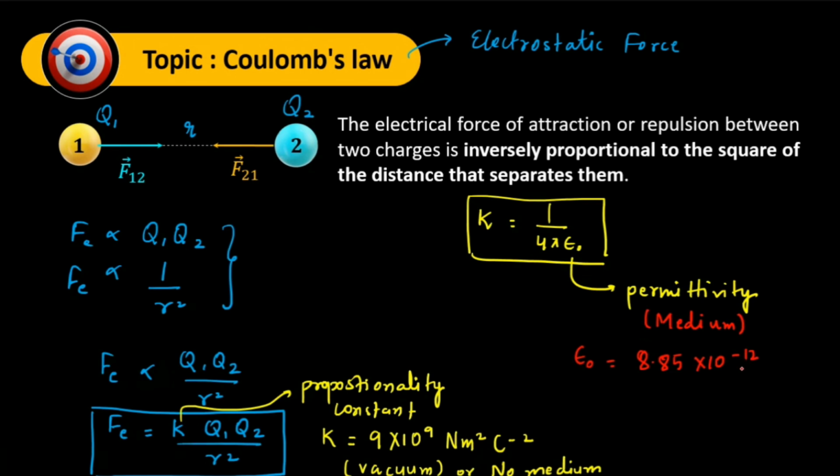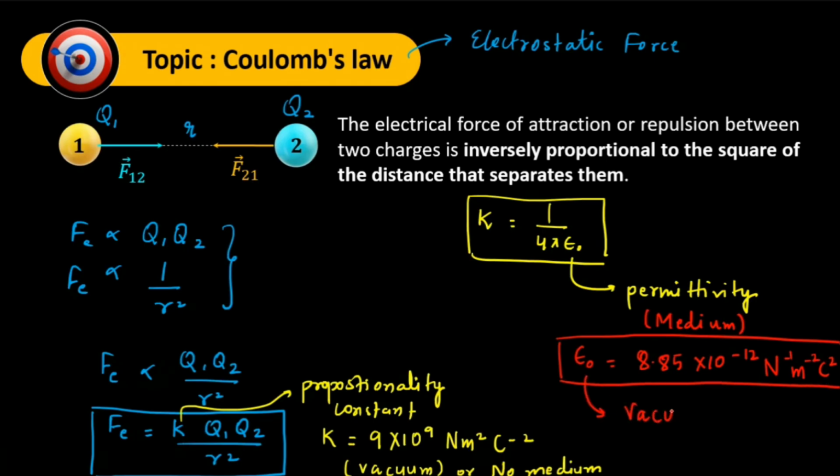minus 12. And its unit is the reciprocal of the unit of K, so you can say per Newton per meter square Coulomb square. That is the unit of epsilon naught. This value and unit are specifically for vacuum. If there is any other medium, the value of epsilon naught will change, and it will become epsilon m.